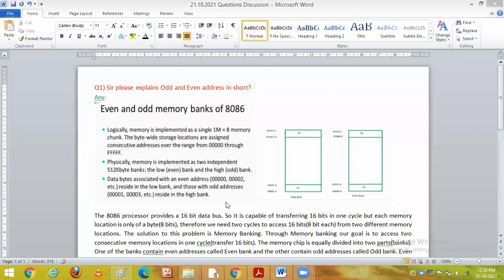We will study little by little, perfectly, and whatever discussion, whatever difficulties, we will discuss base to base, call, message. That way we have to understand each and every corner point of the subject. That is our main aim: to understand each and every corner point of the concept of microprocessor.